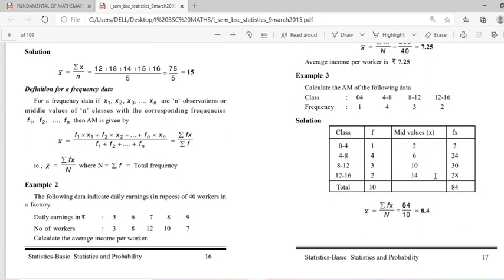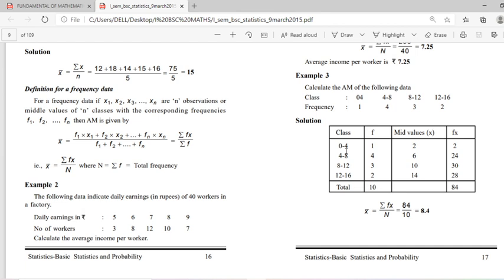Another example is given here. Class frequency data: 0-4, then 4 to 8, 8 to 12, 12 to 16. The frequencies are given as 1, 4, 3 and 2. Since it is a class interval, we can consider the middle values.